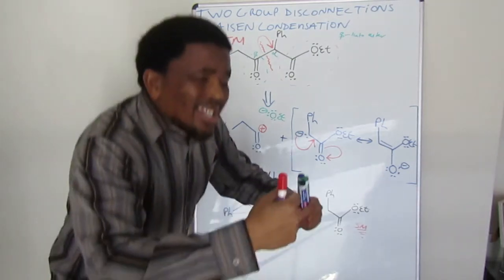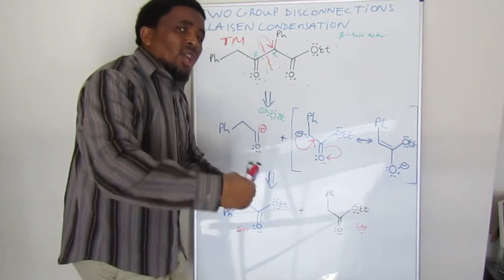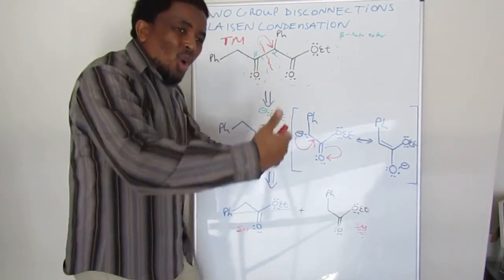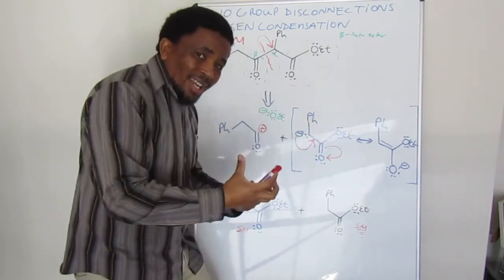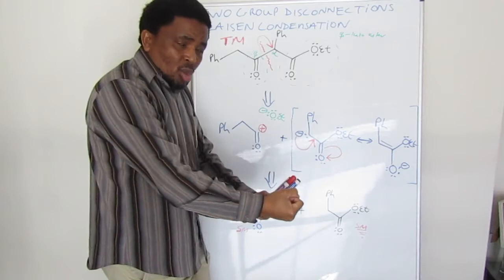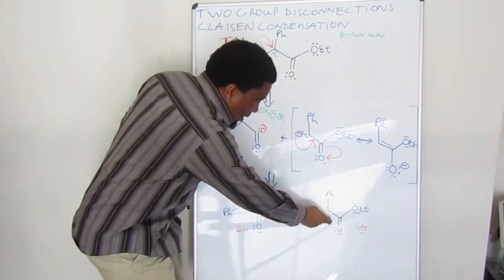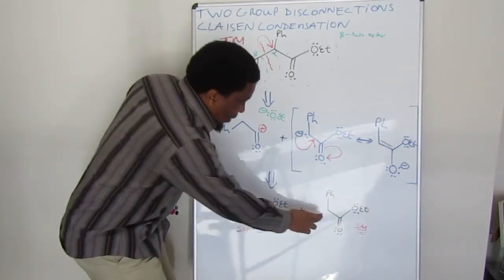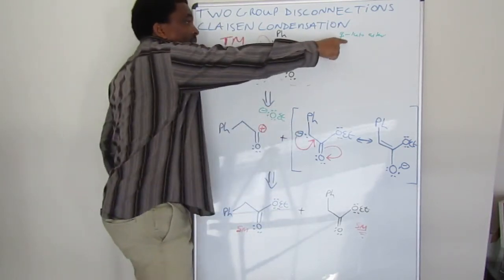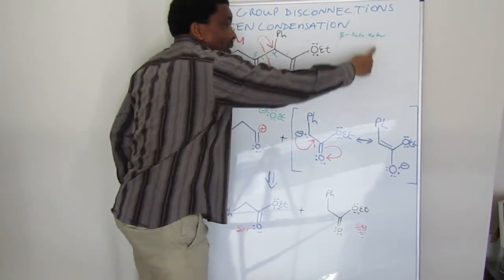So what is the Claisen condensation all about? The Claisen condensation is all about condensing two esters, so to speak. There's my ester and there's my ester. Then an ester and an ester will give a beta keto ester.